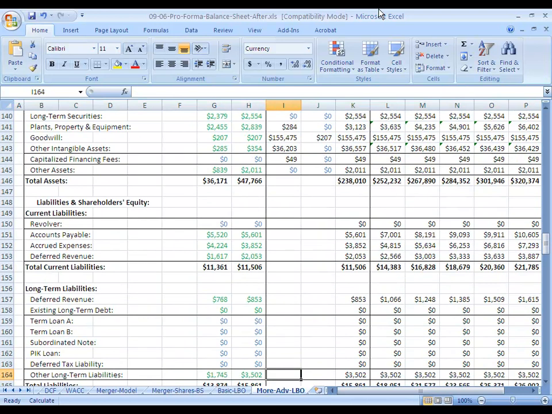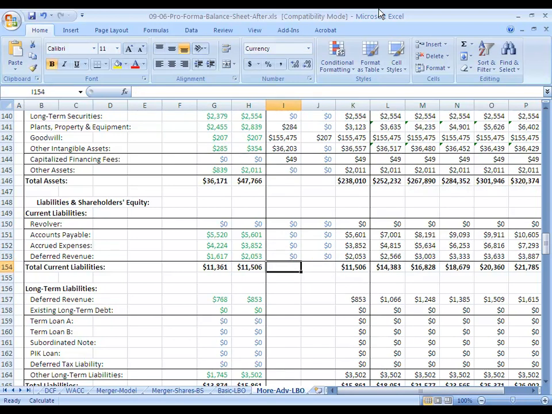Now, moving to the liabilities. So for the revolver, we're going to enter 0 for both of these columns, because once again, we're assuming that the revolver is undrawn to begin with, so we do not have anything here. For accounts payable, accrued expenses, and deferred revenue, these are all going to be 0 as well. And that's the typical assumption. These rarely change in the context of an LBO model and the pro forma balance sheet adjustments here.